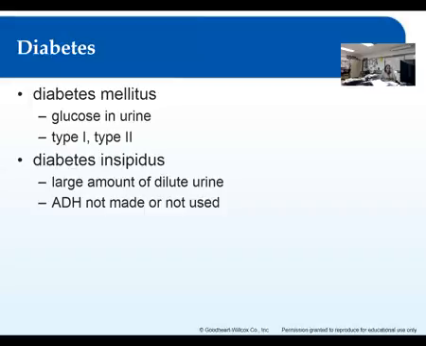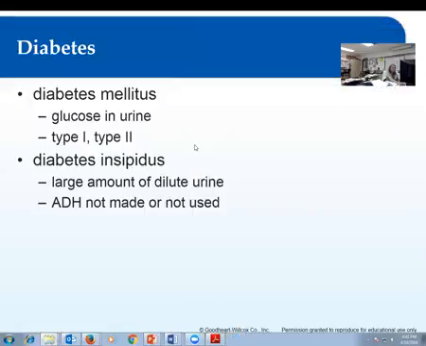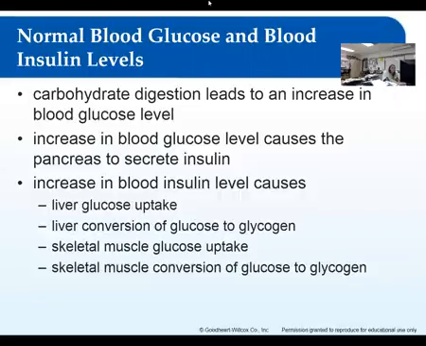Carbohydrate digestion leads to an increase in blood glucose levels. We know that carbohydrates turn into glucose. Increase in blood glucose level causes the pancreas to secrete insulin. We know that, right?